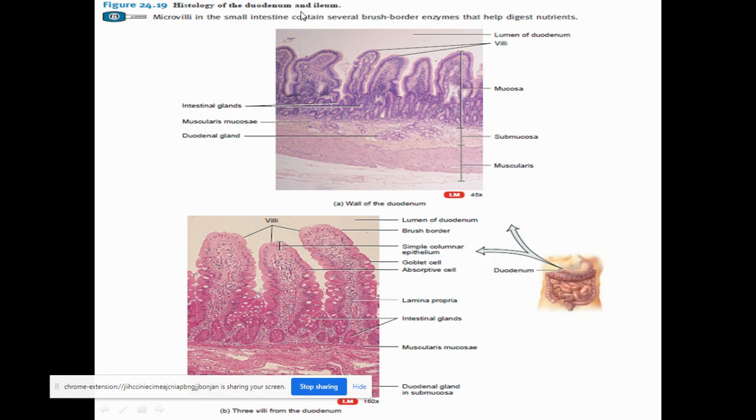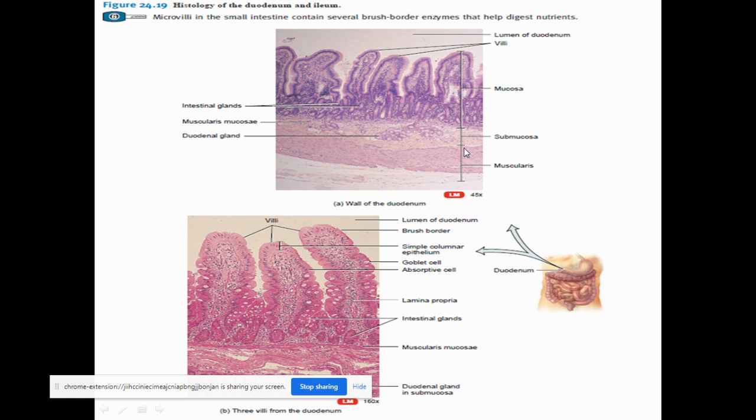So this is the histology of the duodenum and ileum. Here you see a very zoomed up picture. You can see the mucosa and the microvilli. These are the intestinal glands. The pits or the openings are called intestinal glands.